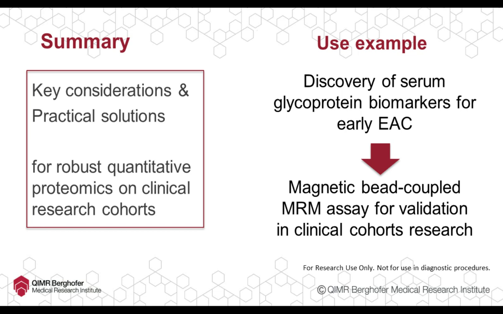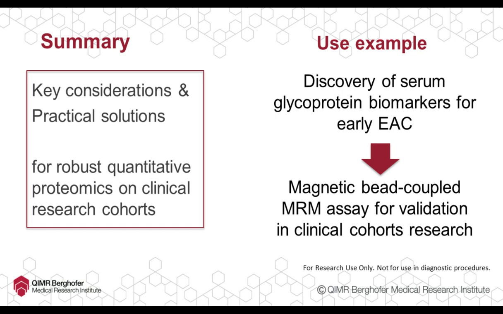And then I gave you an example of how we discovered serum glycoprotein biomarkers for early esophageal adenocarcinoma, and that involves the use of magnetic bead coupled lectins, which we then developed with a multiple reaction monitoring assay, allowing validation in clinical cohorts of several hundred samples.